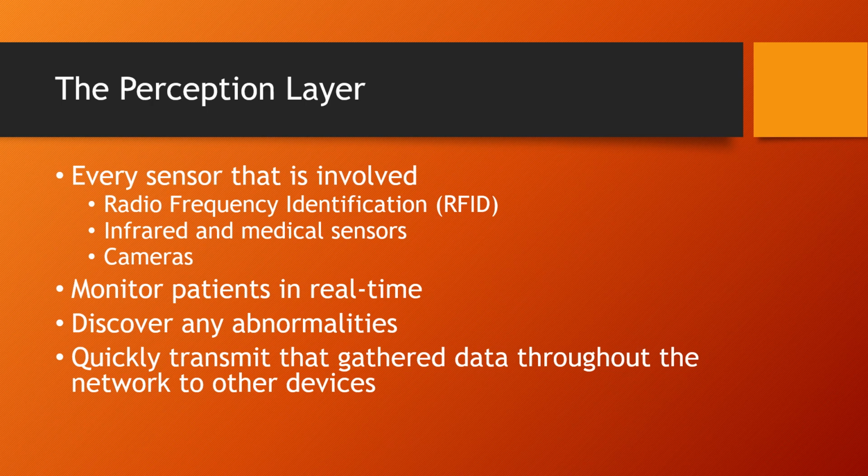They can monitor patients in real time and produce an analysis or a solution in real time. They can discover any abnormalities or changes in the human body while using the monitoring devices. And then they can quickly transmit that gathered data throughout the network to other devices.